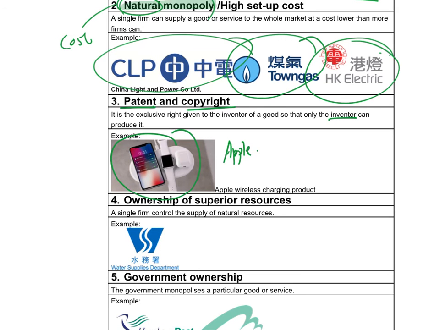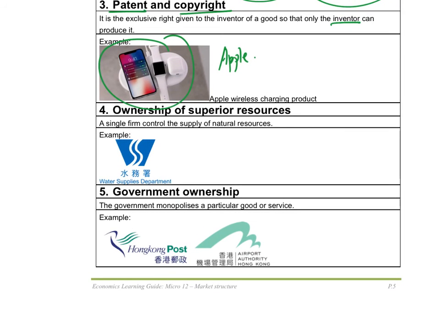And in Hong Kong, water supply is only provided by the government. It's not because the government does not allow other people to do that, but because the water in Hong Kong is owned by the government only. They control the critical resources of that business.